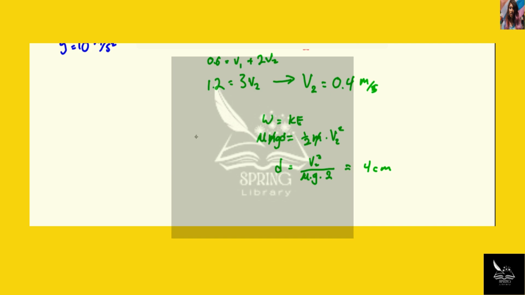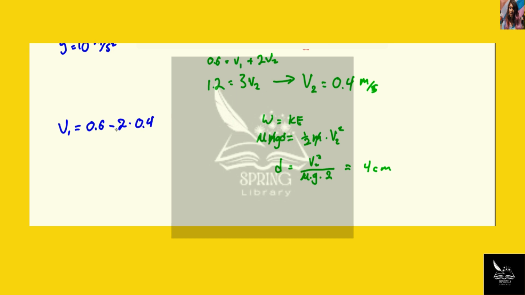Now for the 2 kilogram block, we can use this velocity here and plug it into either of these two equations. Let's just plug it into this one here. If we solve this for v1, v1 is going to be equal to 0.6 minus 2 times v2, and v2 was 0.4.